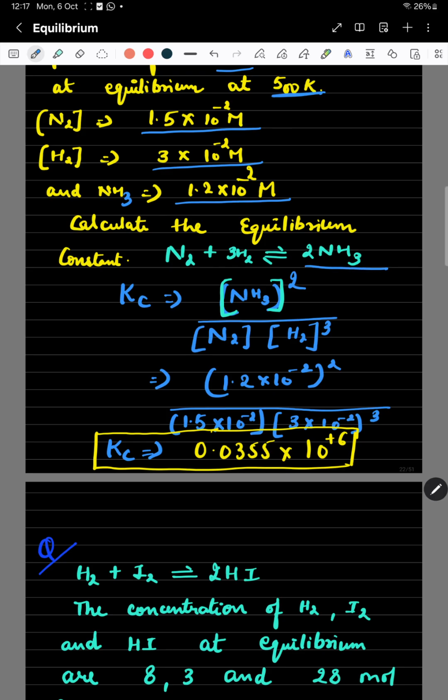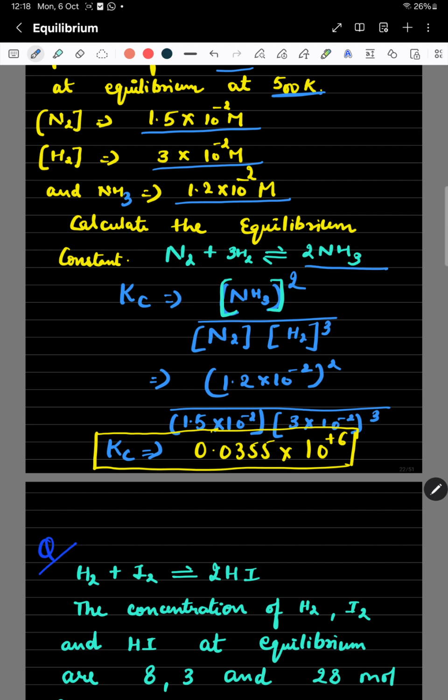Kc equals ammonia concentration square upon N2 concentration, H2 concentration cube. So here ammonia concentration (1.2 into 10 raised to power minus 2) square, N2 1.5 into 10 raised to power minus 2, H2 concentration (3 into 10 raised to power minus 2) whole cube.